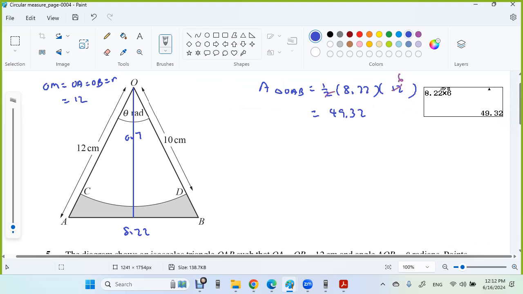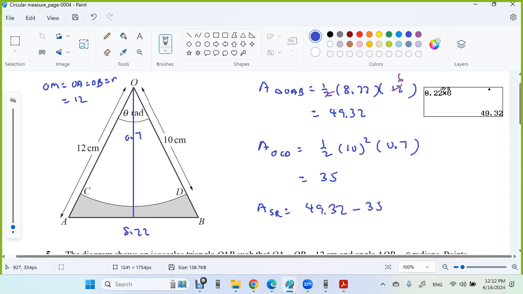And the area of OCD will be half times 10 squared times 0.7, which is 35. So the area of the shaded region will be 49.32 minus 35, so it will be 14.32.